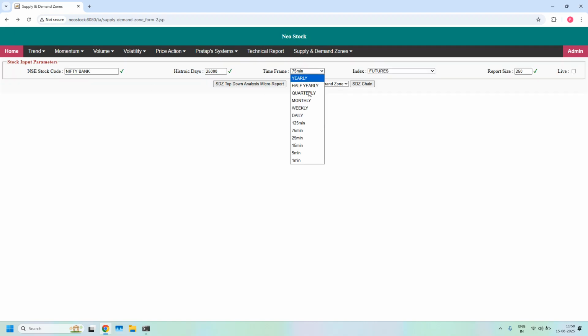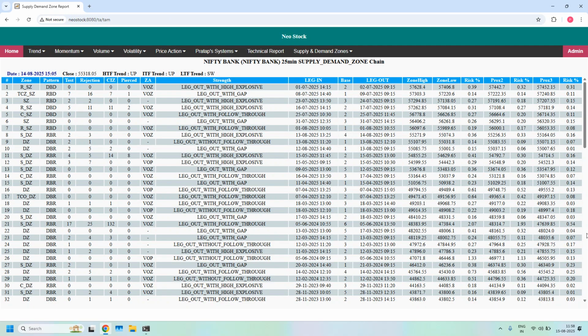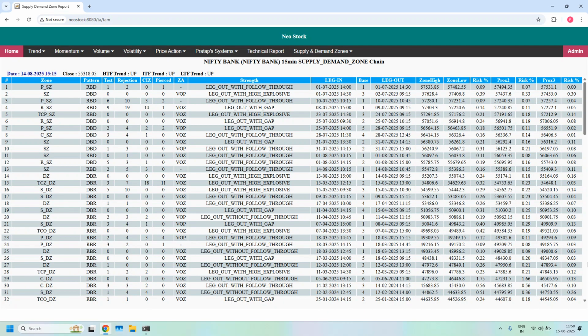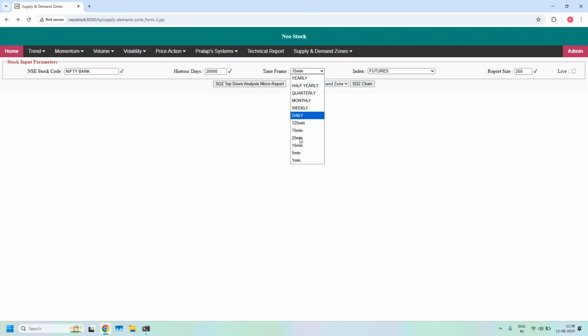Next, generating 25 minutes supply demand zone chain for Bank Nifty. Next, generating 15 minutes supply demand zone chain for Bank Nifty. Next, generating 5 minutes supply demand zone chain for Bank Nifty.